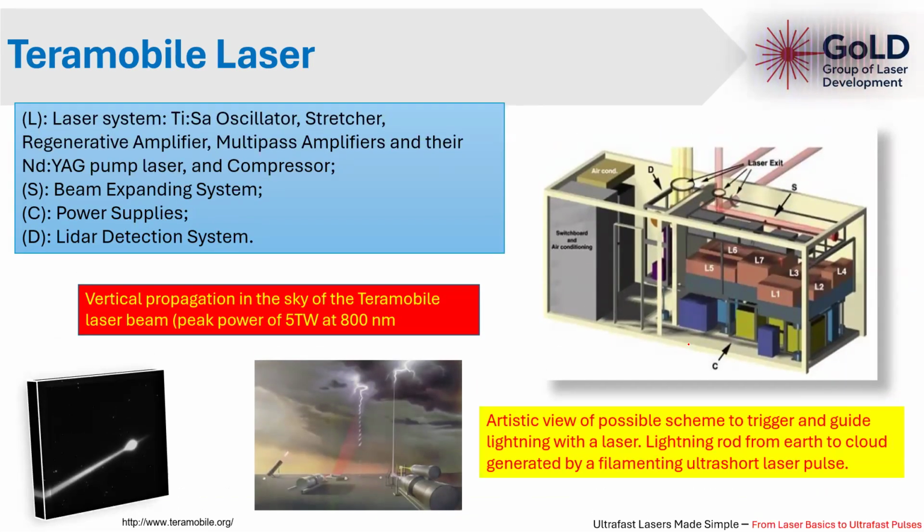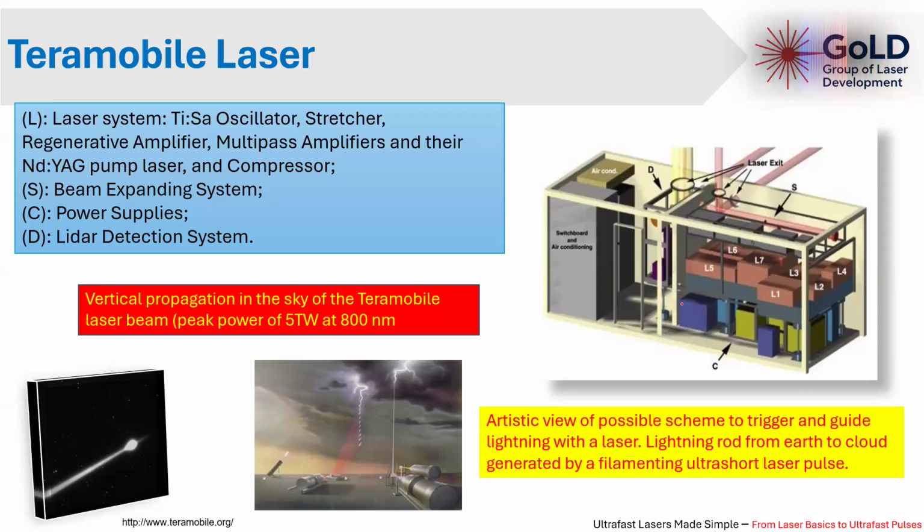And at the last is the Teramobile laser. Why is it necessary to show it in one of the applications? It is in the same category of femtosecond lasers. It has a concept of lidar. We can use lidar to detect aerosols, the particles in the air. We can also use it for remote ignition, and to direct lightning from the sky to the earth using this technique.